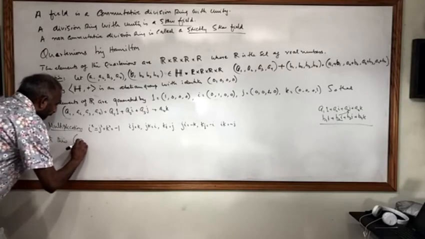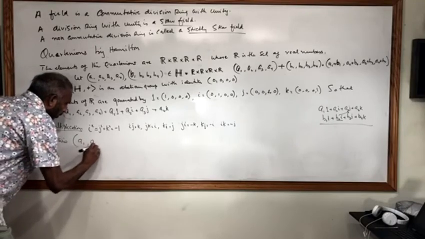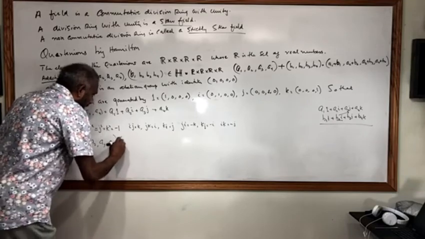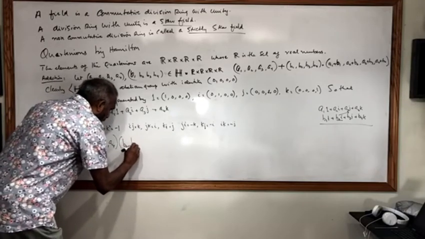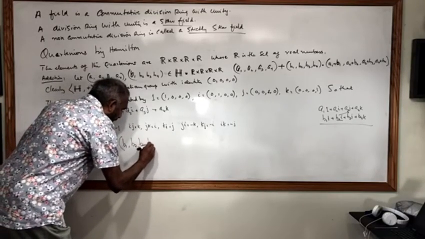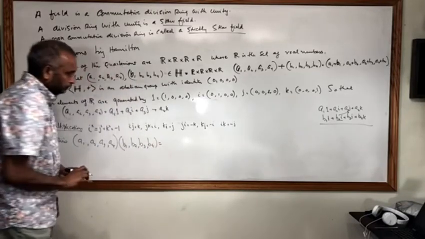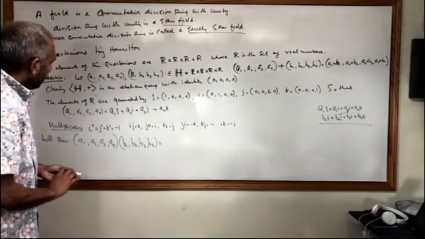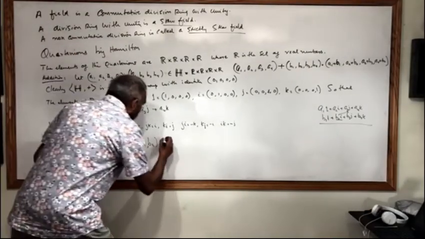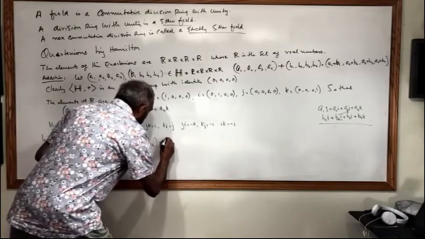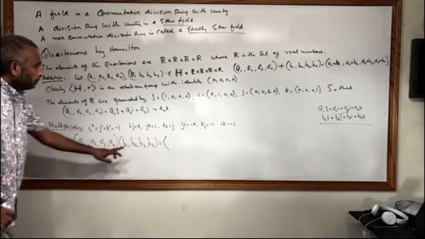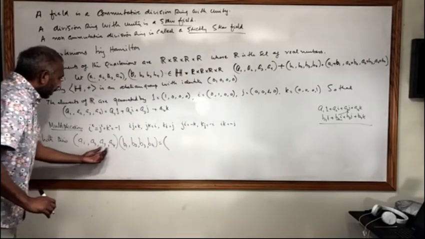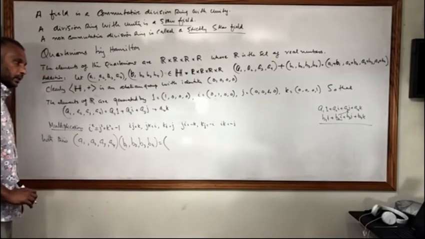With this you can get (a1, a2, a3, a4) times (b1, b2, b3, b4) equals: you have 4 terms here, and each term will have 4 components.